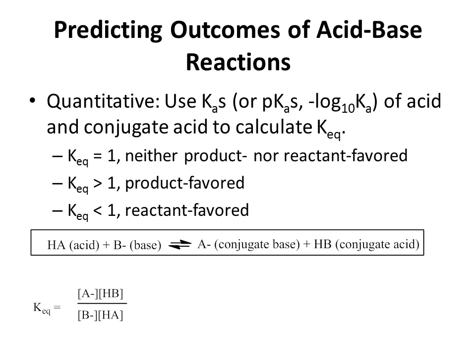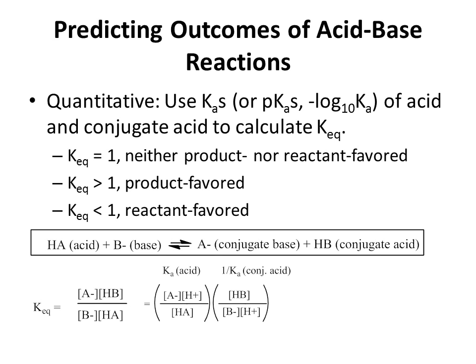Now you could derive the equilibrium constant from 2 acid dissociation constants. The Ka for the acid, which would show products of A minus times H plus divided by HA, and the inverse of the acid dissociation constant for the conjugate acid.